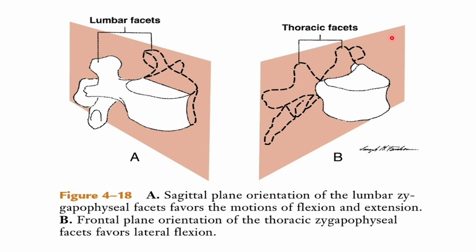In the thoracic spine the facet orientation is in the frontal plane alignment, and because of this orientation of facets in the frontal plane, the main motion that occurs in the thoracic spine will be your lateral flexion.